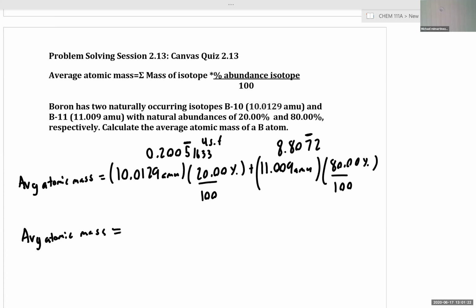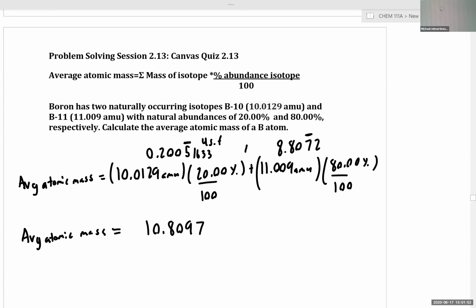We have 10.0129 times 20 over 100 plus 11.009 times 80 over 100. And when we add both of these numbers together, we get 10.8097.